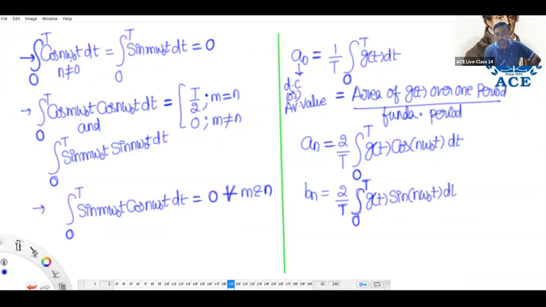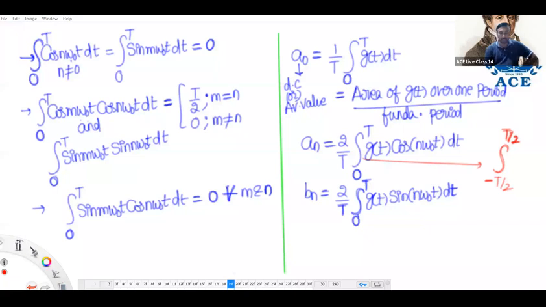By using these predefined integrals, we are in a position to find the respective coefficients. Of course, the integration limits need not be from 0 to T, sir. Symmetrical limits, minus T by 2 to plus T by 2, you can also cover. But compulsorily we have to cover one period.